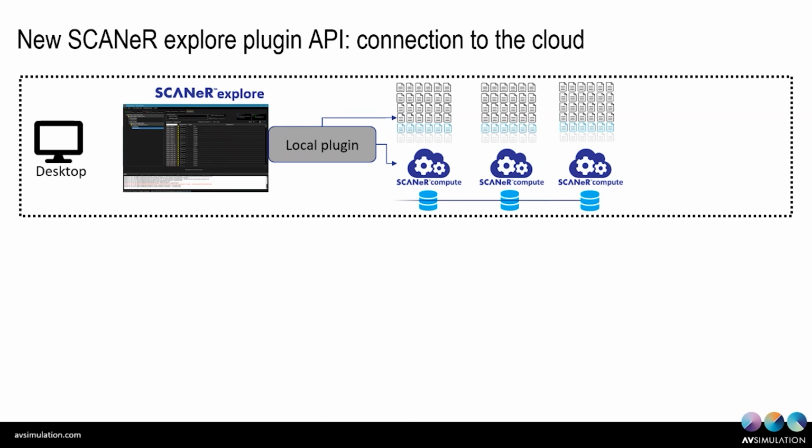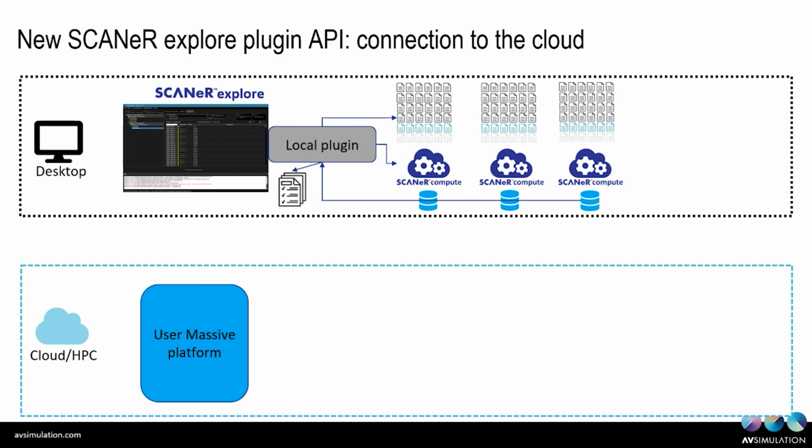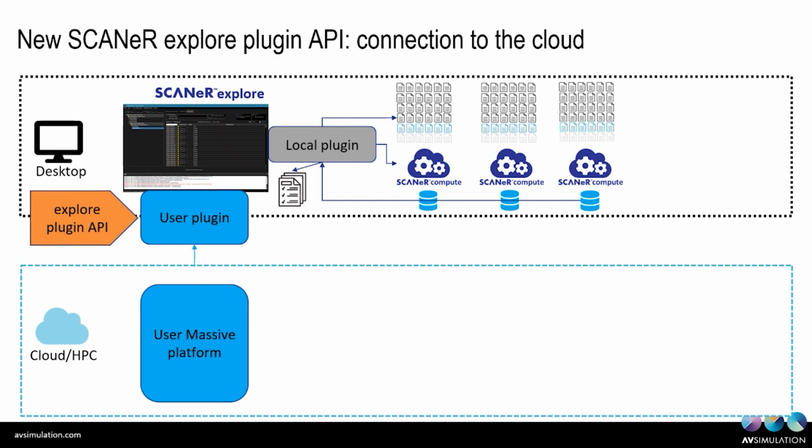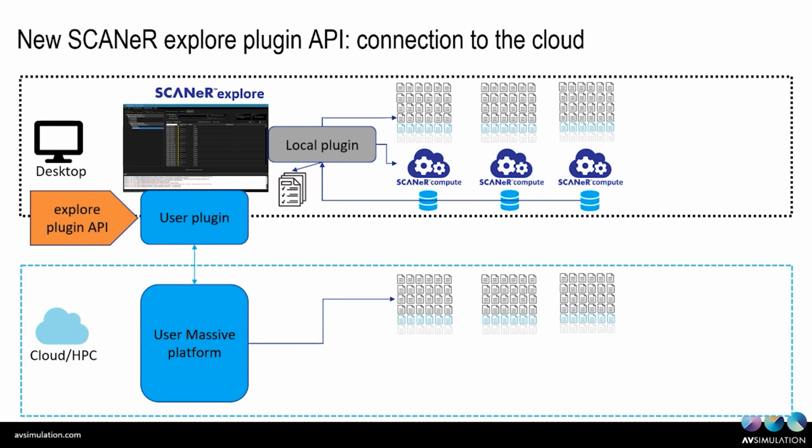But some of our customers also want to run these scenarios on a massive platform, for example in a cloud environment. So it's also possible. What we have built in SCANeR 2021 is this new plugin, the Explore plugin API, that allows you to very easily switch from one environment to another.